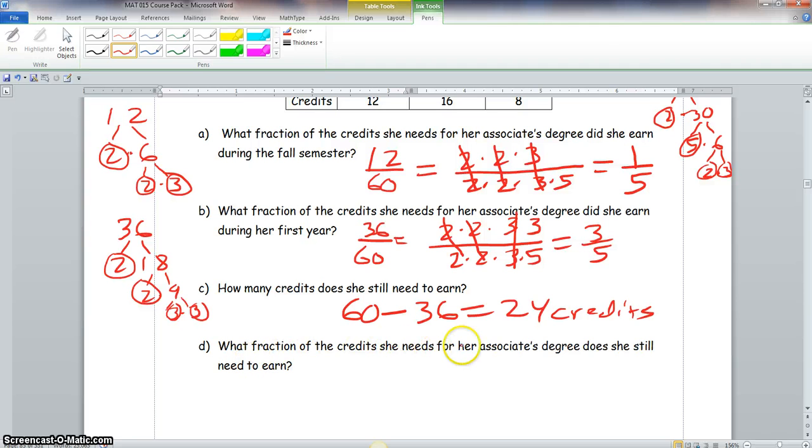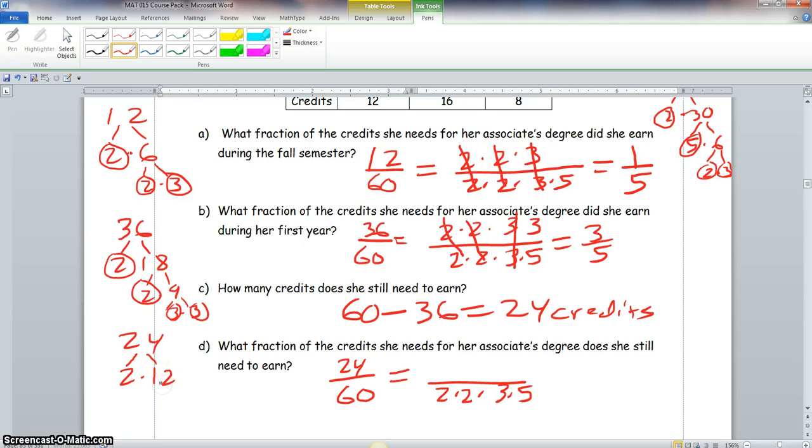What fraction of the credits she needs for her associate's degree does she still need to earn? So we know it's out of 60, and it's 24 out of 60. Now we already did 60. It's 2 2's, a 3, and a 5. Now we have to find the prime factorization of 24.